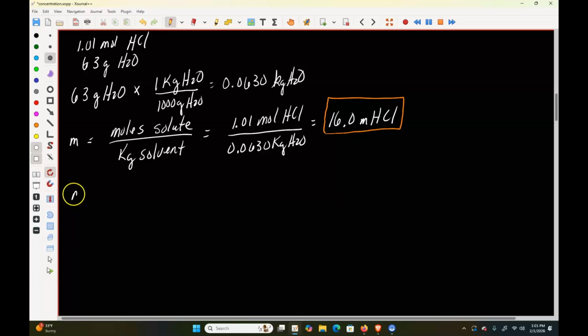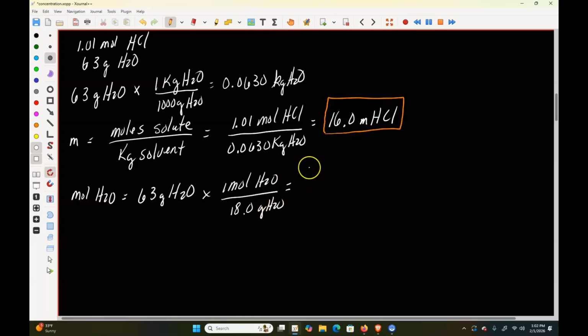So moles of water, it's going to be 63 grams of water times 1 mole of water over the molecular weight of water, which is 18.0. So we have 3.50 moles of water.